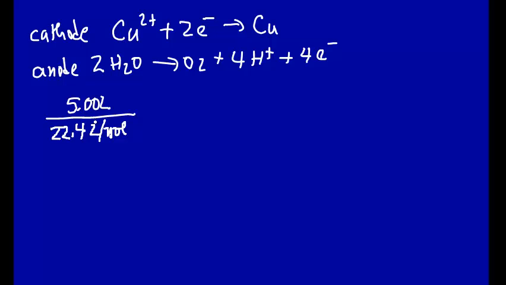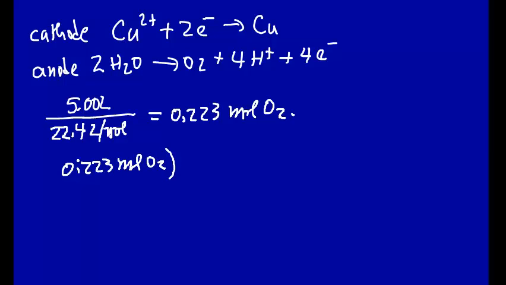Or if you want, you can use PV equals nRT. So this means that we've made 0.223 mole of O2, and we have 4 mole of H+ per mole of O2 from this balanced half reaction.